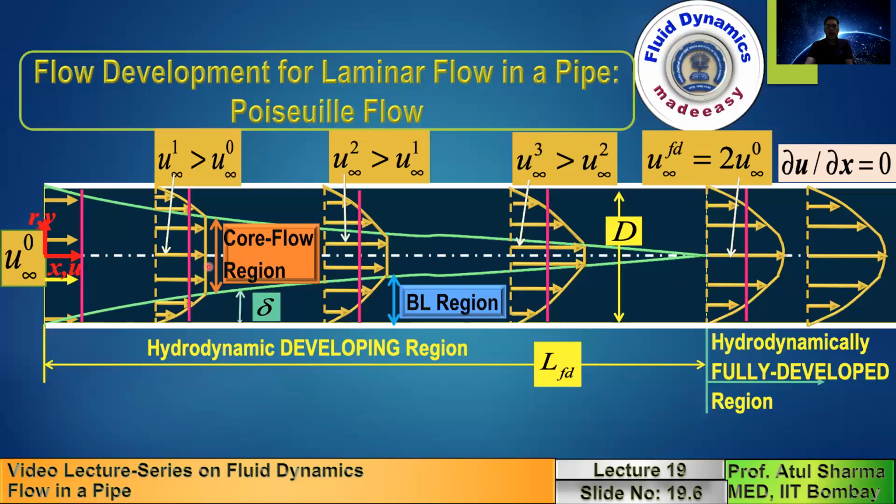So for the acceleration of the fluid, it needs certain energy. So in the hydrodynamic developing region, accelerating the core flow results in a drop in the pressure of the fluid.